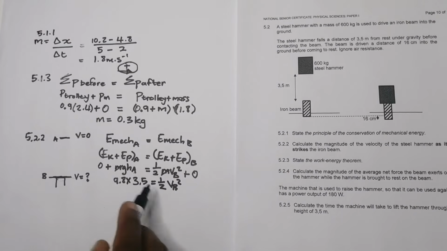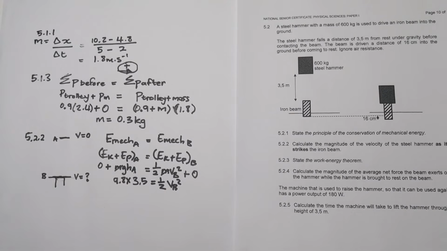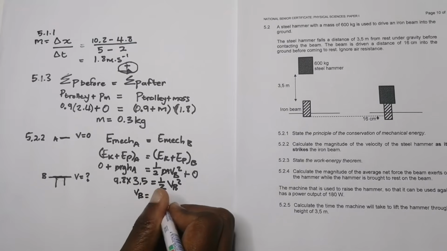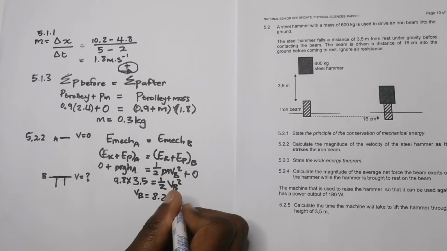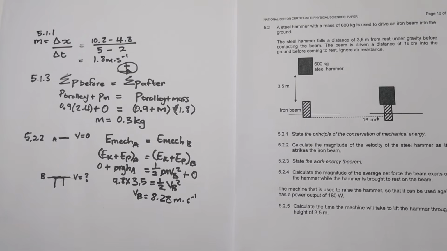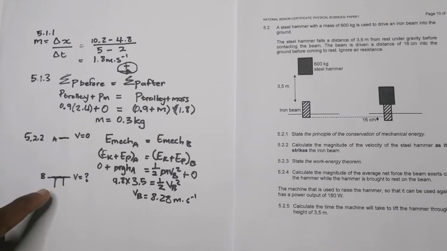We can multiply both sides by 2 to get rid of the half, so that's 2 times 9.8 times 3.5, and we take the square root. I get a value of VB is 8.28. Please verify it and find out if I'm still on the right track. So that's our velocity when it got to that point, just as it hit the iron beam.